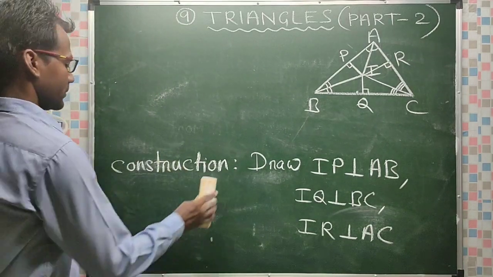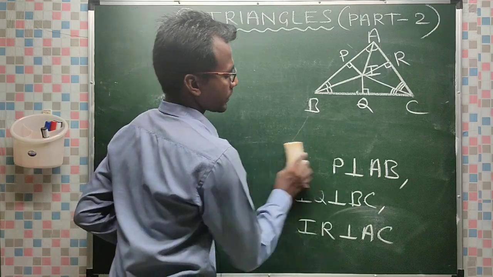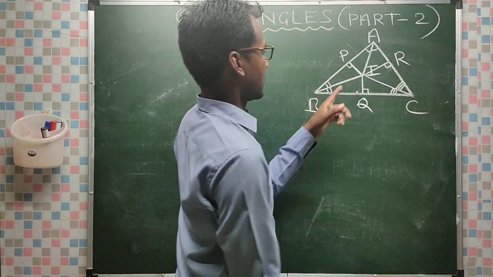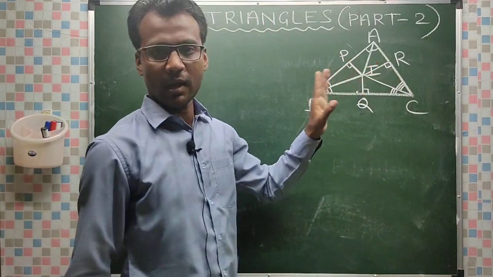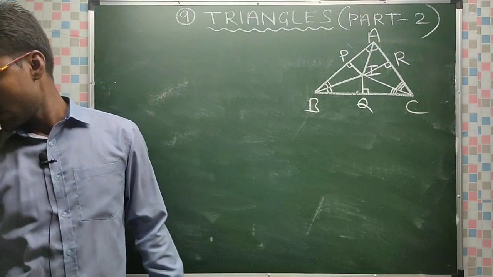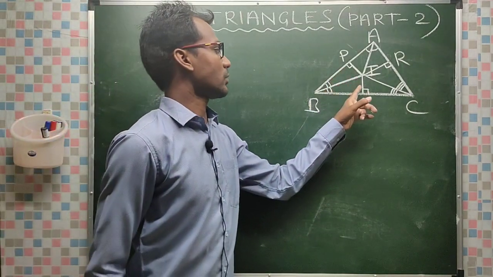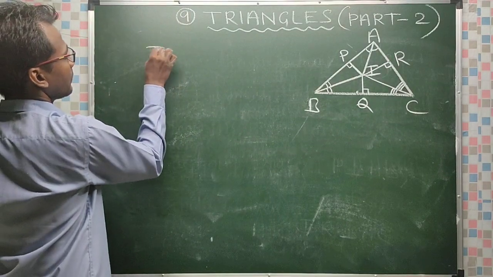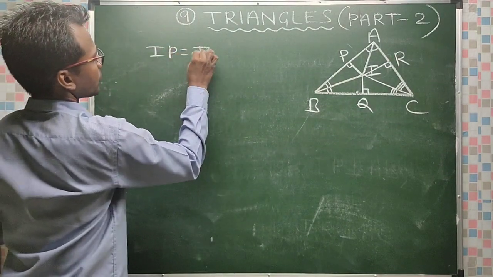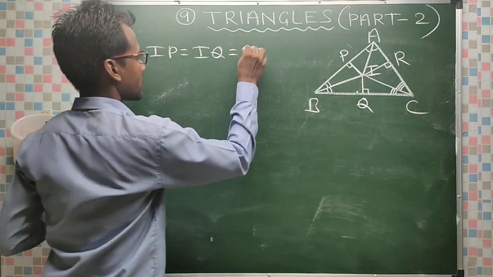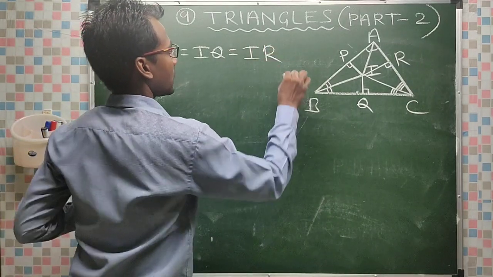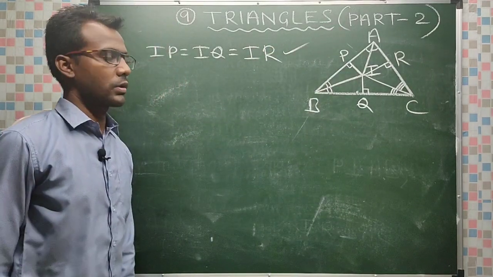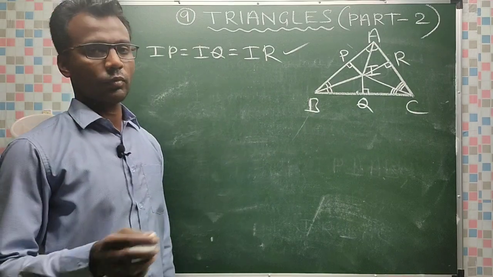Now we'll go to proof. Slowly we will prove that all these IP, IQ and IR are equal. We will prove that IP is equal to IQ is equal to IR. This is our target. I am writing the target here. Directly we cannot prove that three are equal.